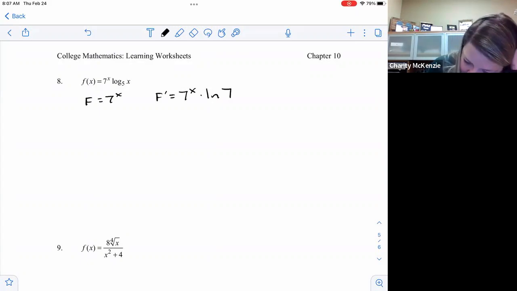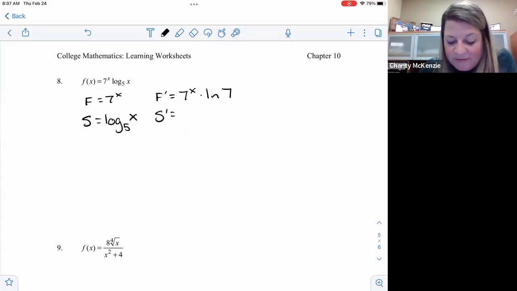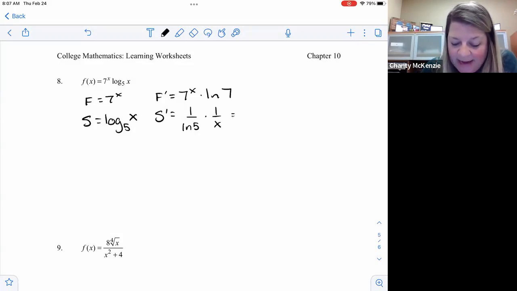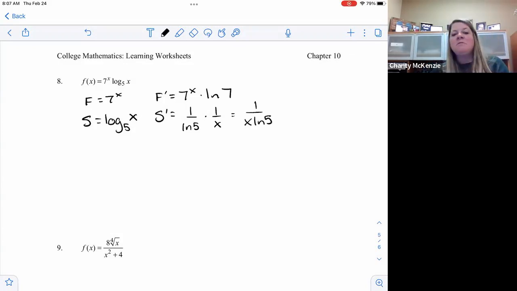So, okay, second is log base 5 of x. So now we have to do the derivative of our log. The derivative of log was 1 over natural log of 5 times 1 over x, which we can rewrite as 1 over x times the natural log of 5. Okay, so there's our stuff.